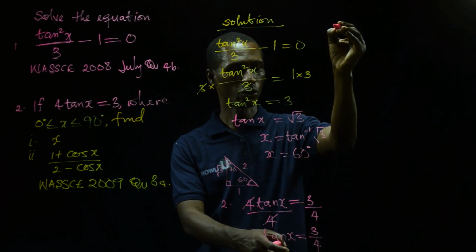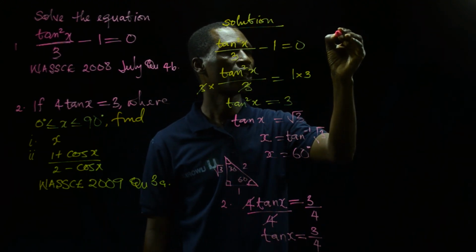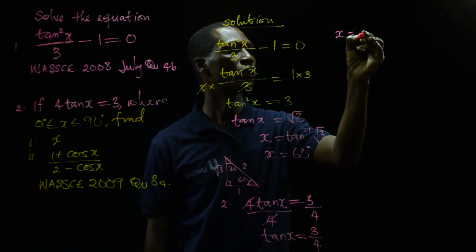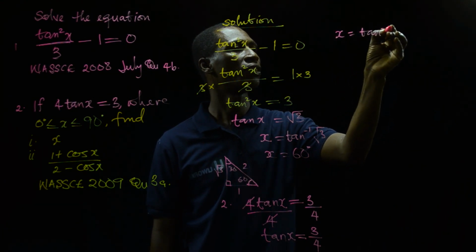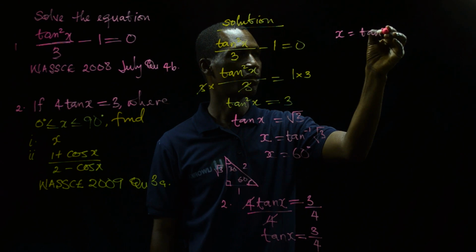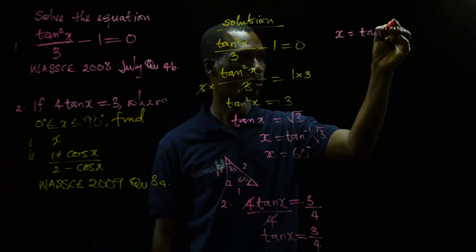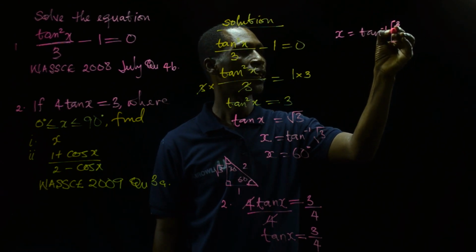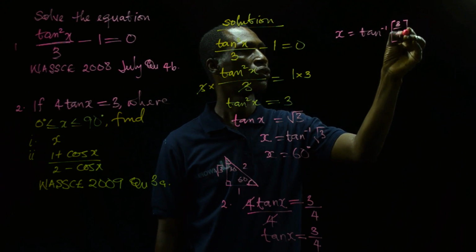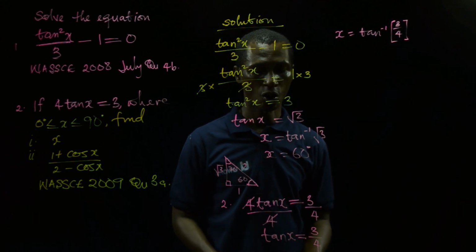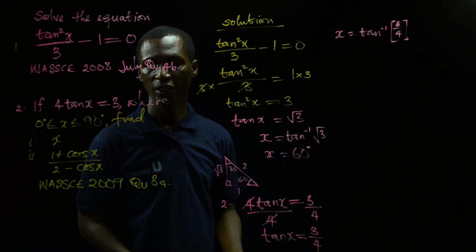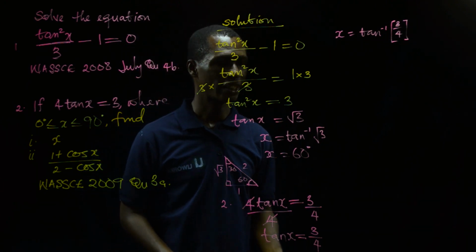Okay, good. So 3 on 4, what we do now is we let the tan cross the equal sign. So we're going to get x here to be equal to tan inverse 3 on 4. Good. So tan inverse 3 on 4 is what is going to give us the value of x.